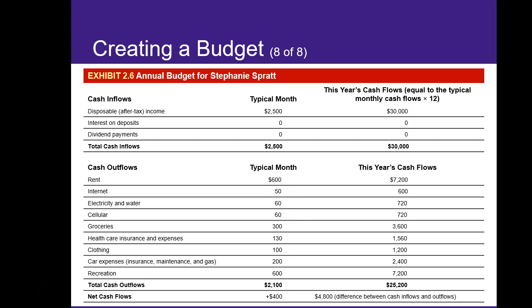If you know that, well, that month was unique, or I don't expect to spend as much or have as much income, then when preparing your annual budget, take it month by month showing total for those 12-month time period, your total inflows, total outflows. At the end of the accounting period, will we have a positive net cash flow or will we have a negative net cash flow?